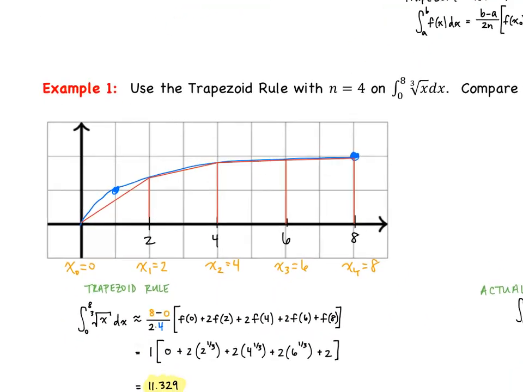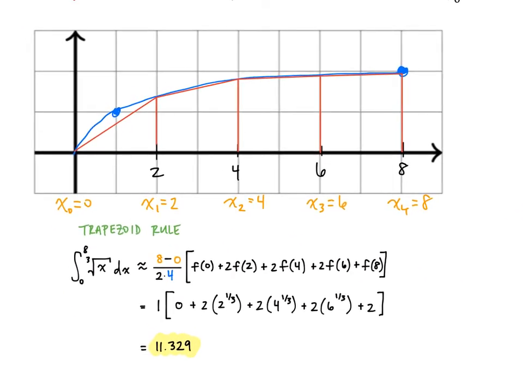Use the trapezoid rule. Okay, so we have our b minus a over 2 times n. So 8 minus 0 over 2 times n is 4. Okay, plus f of 0 plus 2 f of 2's plus 2 f of 4's plus 2 f of 6's plus 1 f of 8.